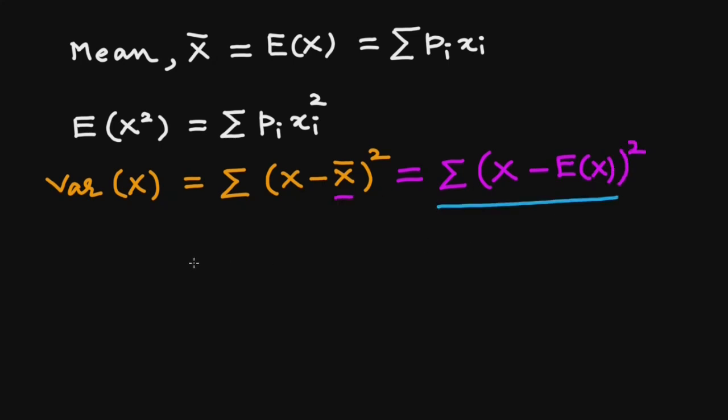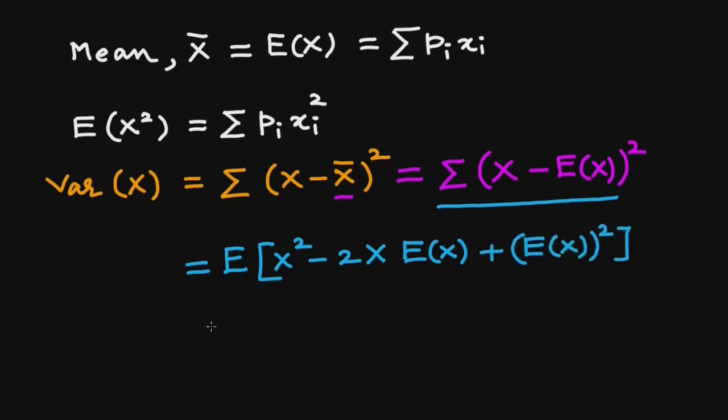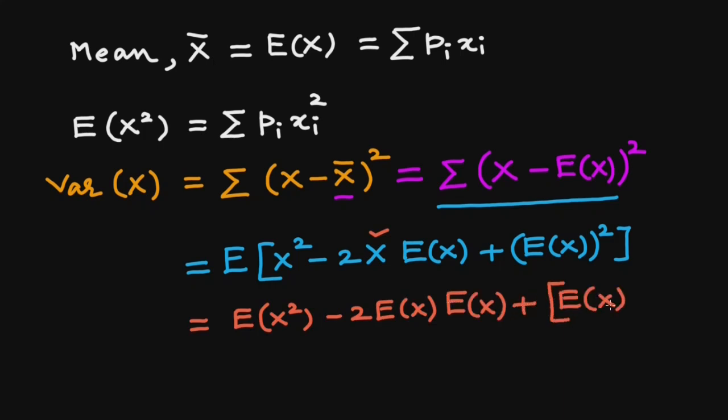Expanding, we get expectation of x square minus 2x into E(x) plus square of E(x). This will be E of x square minus 2 E of x into E(x) plus E(x) whole square.